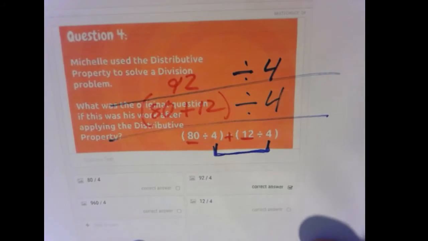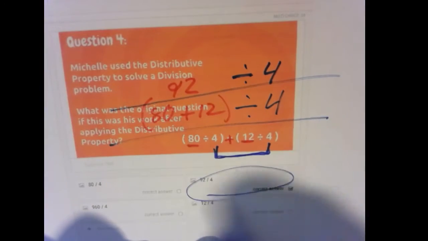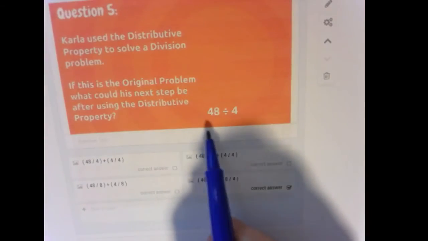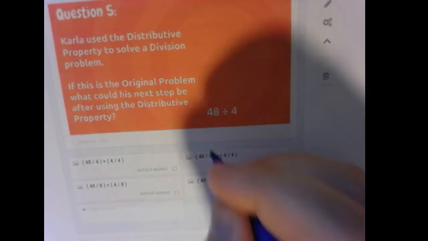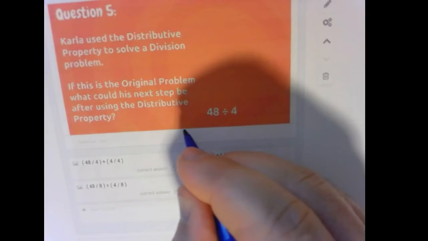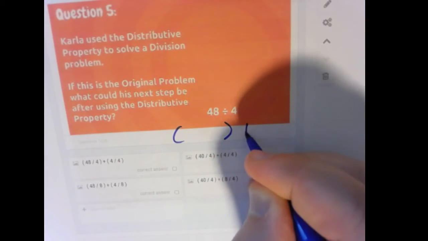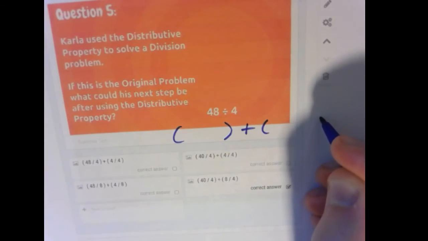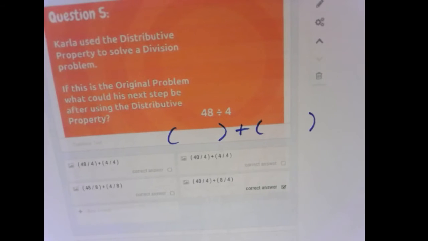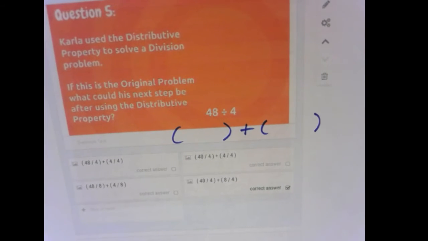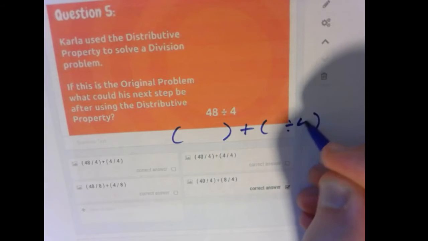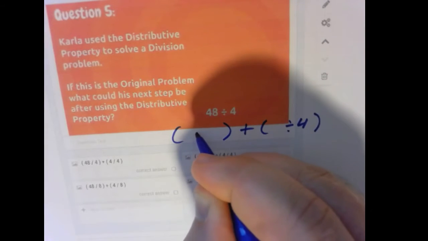All right, one more of these. If we use the distributive property on this, what would be a way that we could split up 48? Do you remember the pattern that we had? We had parentheses and a plus because we're splitting this into two smaller problems. The common thing that we're dividing would be dividing by 4 on both of these.